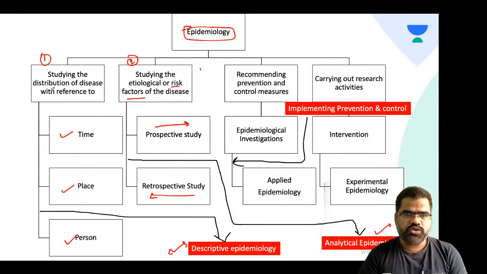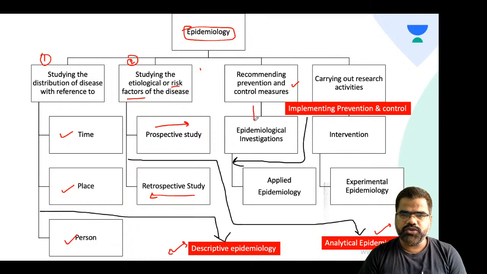Now, see, two things we have studied: distribution pattern, and second is risk factor. You're trying to understand the risk factor of the disease. Once you know the distribution pattern and the risk factors, what will you do? You will try to give recommendations for prevention and control, because you want to prevent and you want to control the disease.